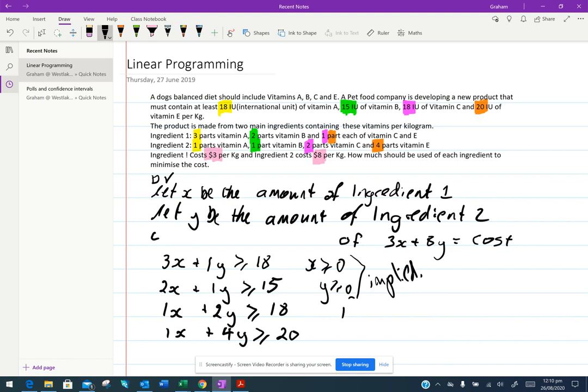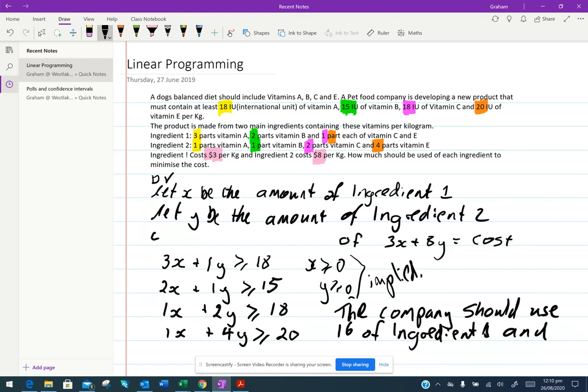So the company should use 16 of ingredient 1 and 1 of ingredient 2 to minimize costs to $56 per kg. And that's the whole problem done.